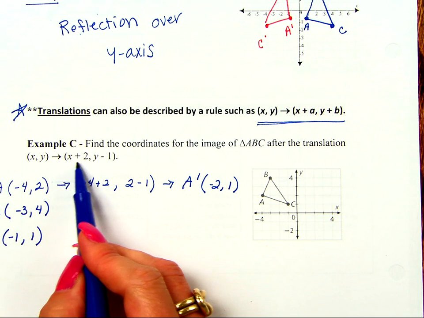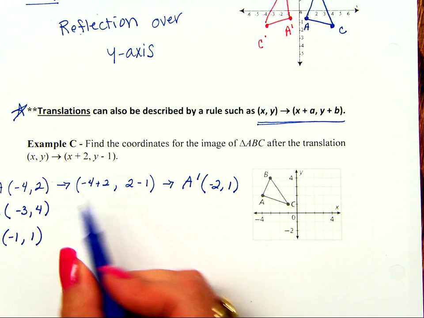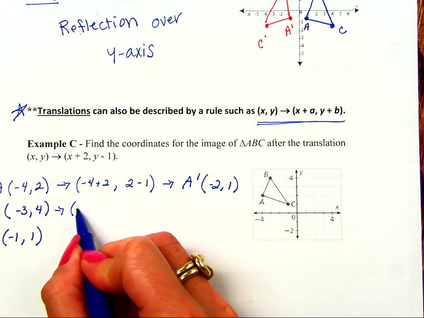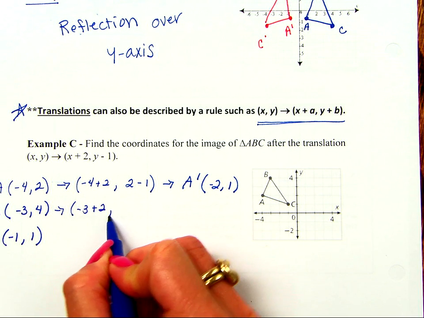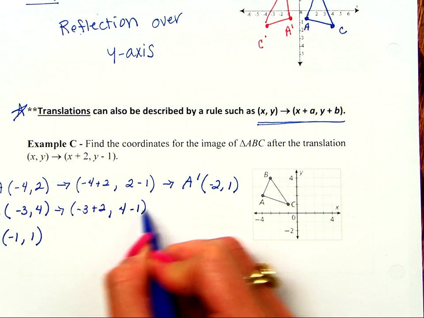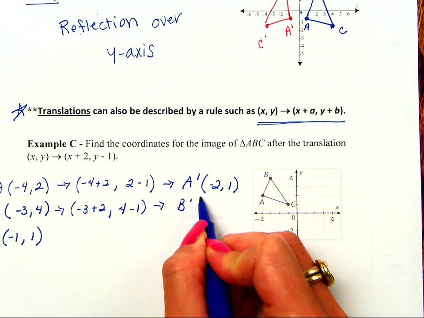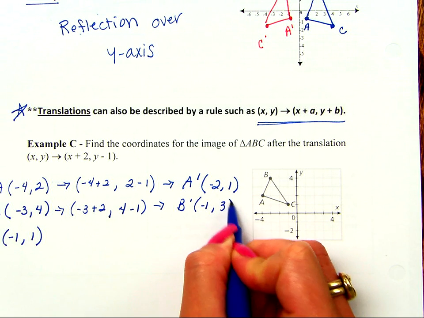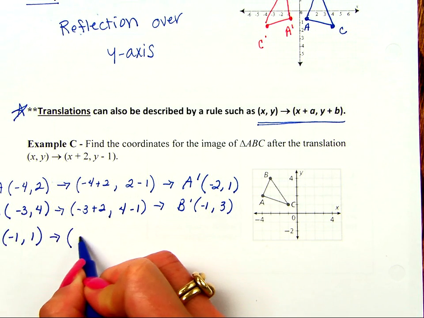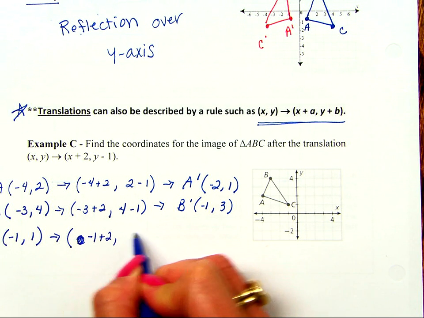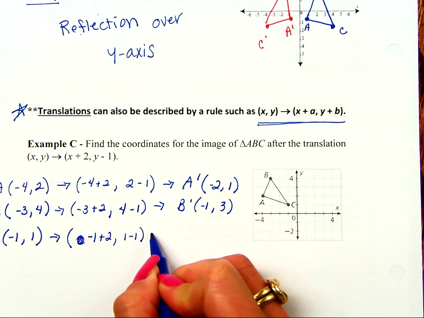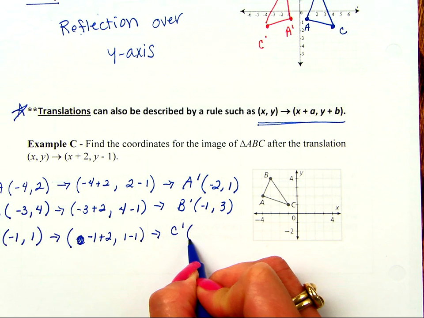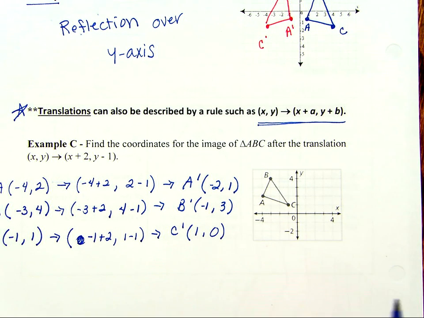All of my x coordinates are increased by 2. All of my y coordinates are decreased by 1. And then I could go ahead and plot A prime, B prime, C prime.